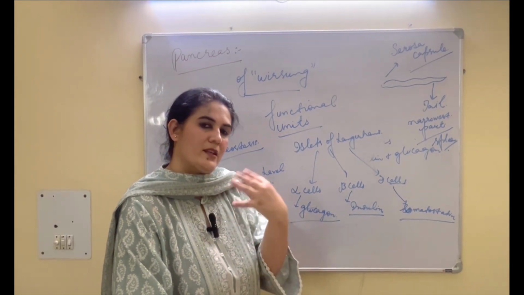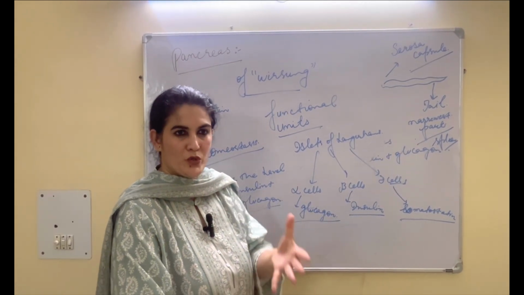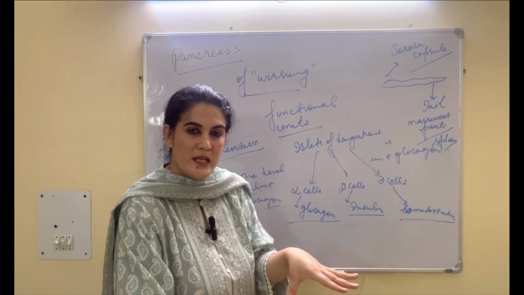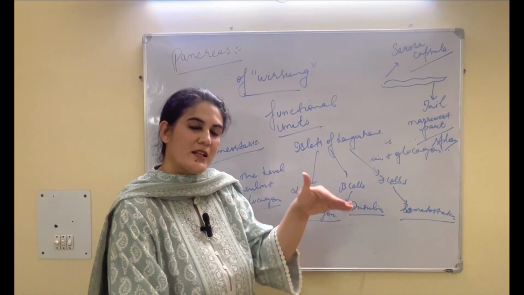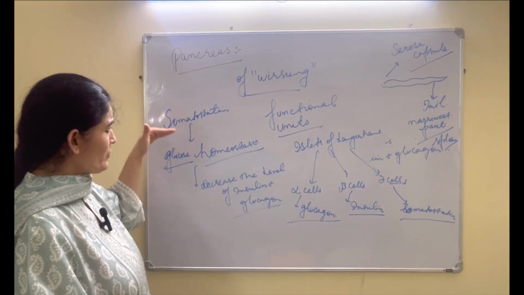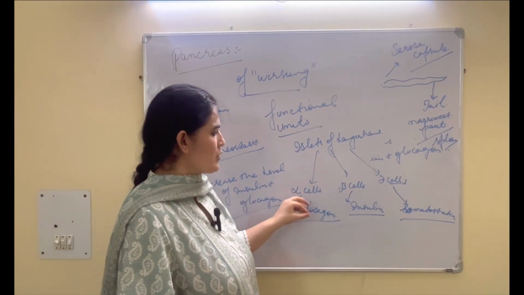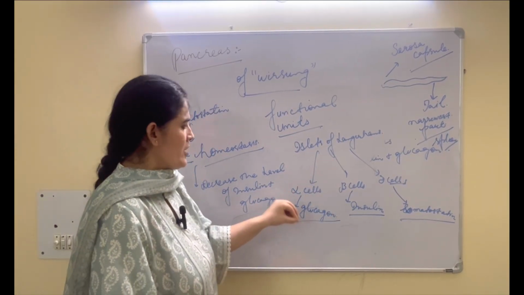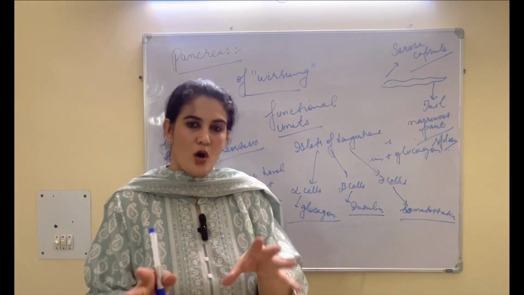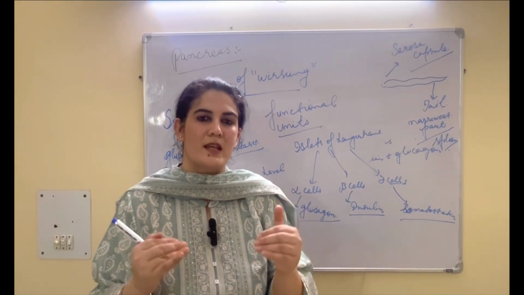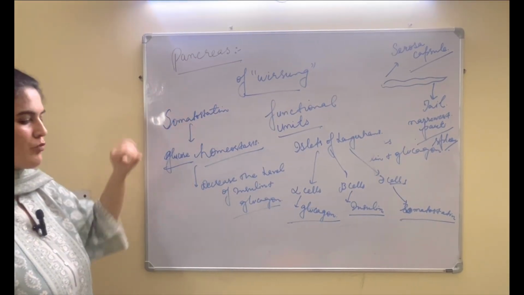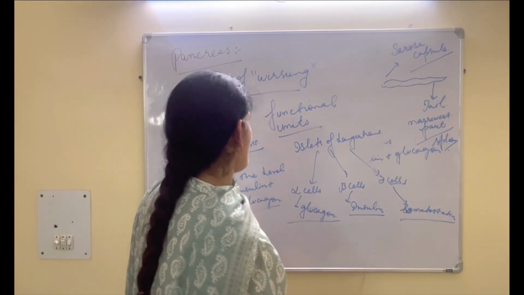Why? Because it can absorb the maximum of glucose. And if there is shortage of glucose, then glucagon is released, to maintain the level of glucose in our blood. So somatostatin acts as a balance between glucagon and insulin. It decreases both the levels of insulin and glucagon to maintain a normal, stable blood glucose level. Okay, so this was about somatostatin.